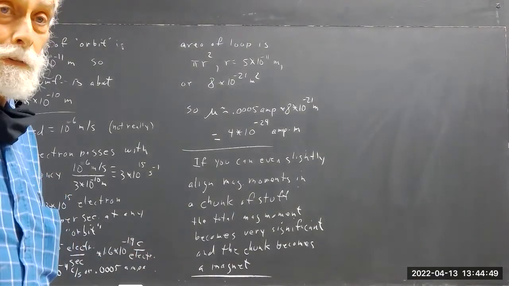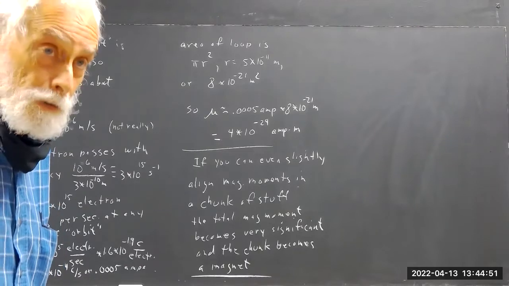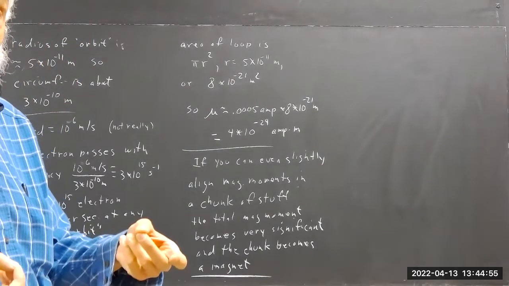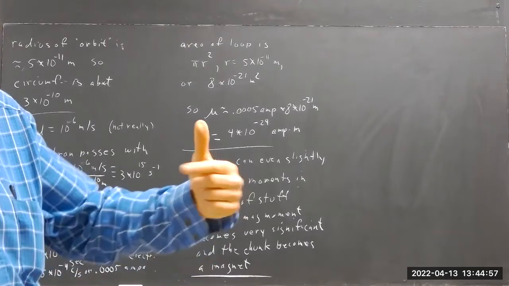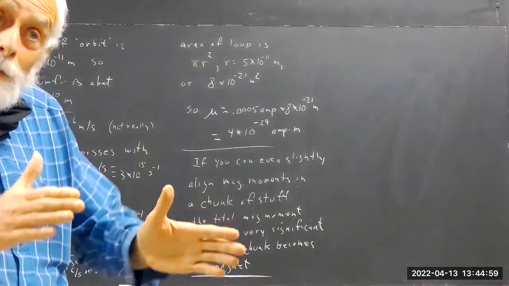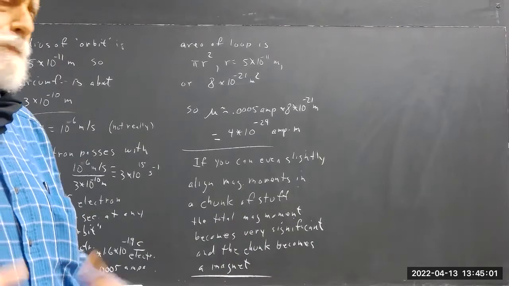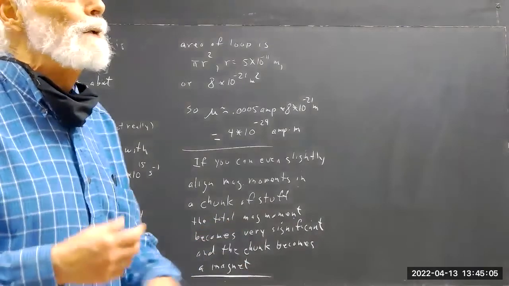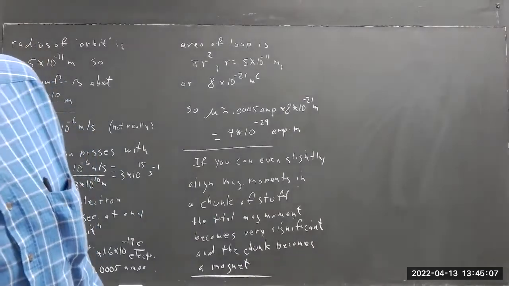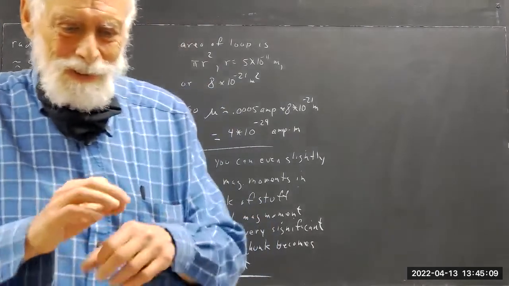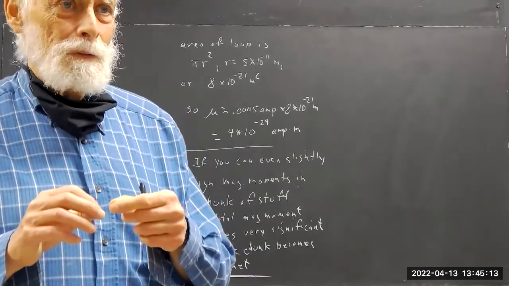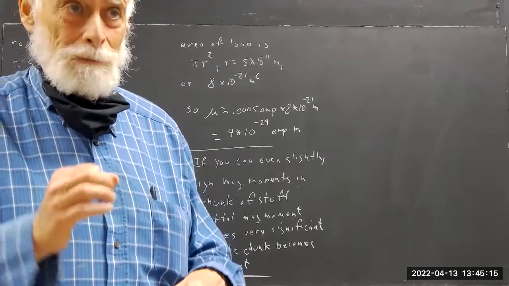They have different ways of aligning things. That's pretty easy. If you have a chunk of iron and impose a magnetic field on it, that aligns the magnetic domains. In your iron, the magnetic moments in the vicinity of a given point will tend to align.